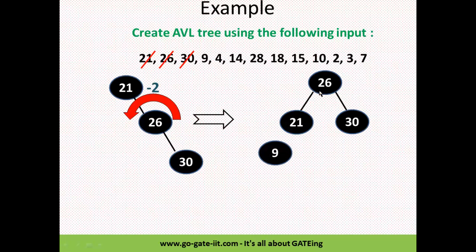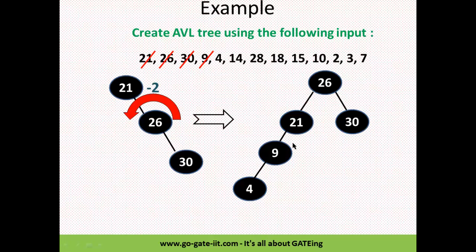Now next item we have is 9. 9 being lesser than 26 and 21, it will be a left child of 21. Next item is 4. As I mentioned before, you would have judged that as soon as you inserted the 4 into the tree, it has created an imbalance in the tree for 26. How?